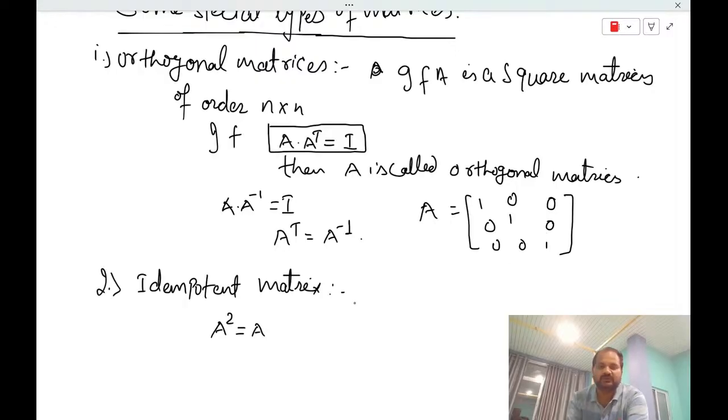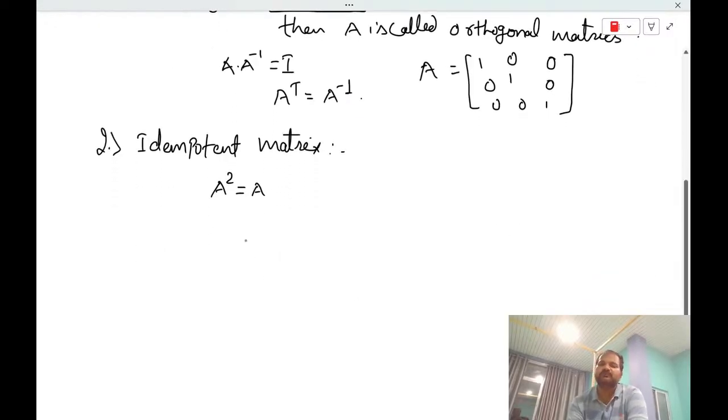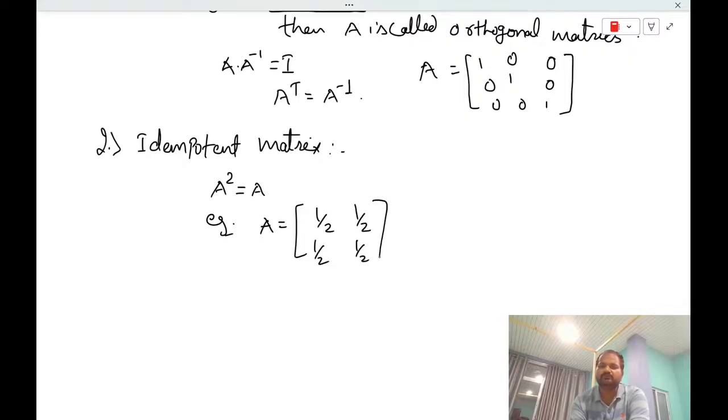Here A is a square matrix and A square is equal to A, then A is called the idempotent matrix. For example, if I take A equal to 1 by 2, 1 by 2, 1 by 2 and 1 by 2.